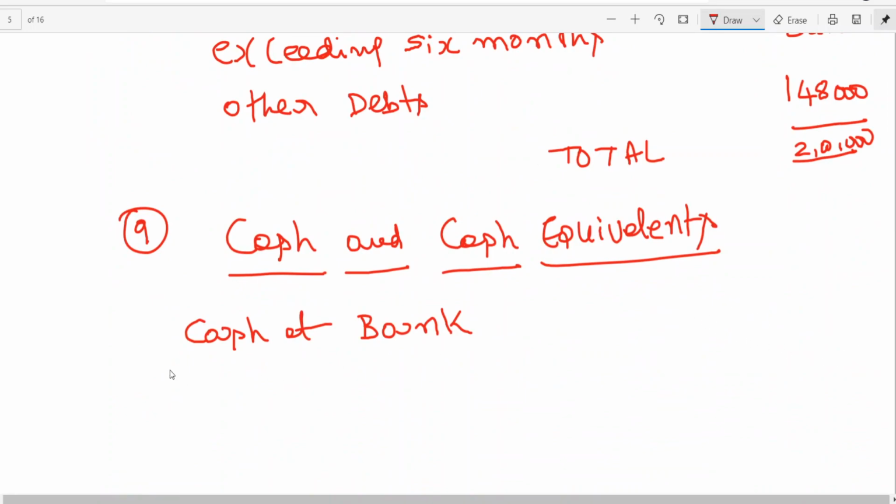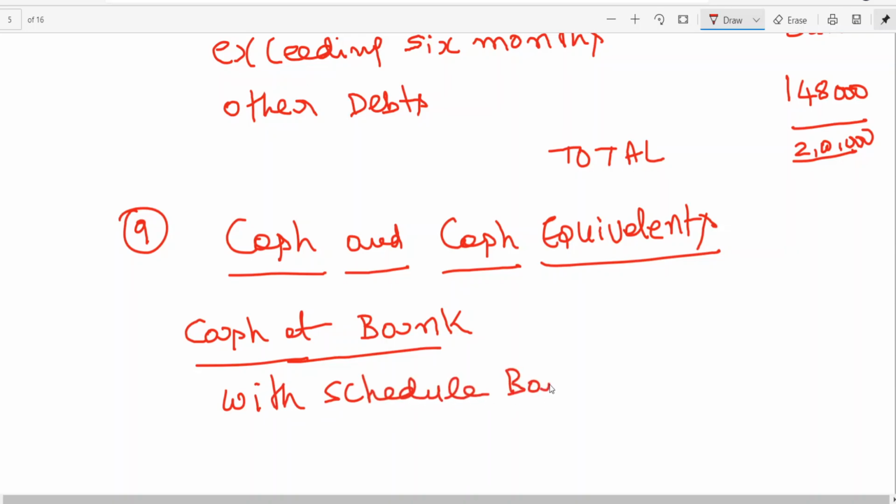is with scheduled banks. When he is saying which is not a scheduled bank, it means the other bank balance is with a scheduled bank, 2,45,000.